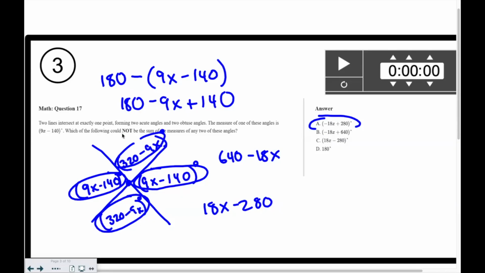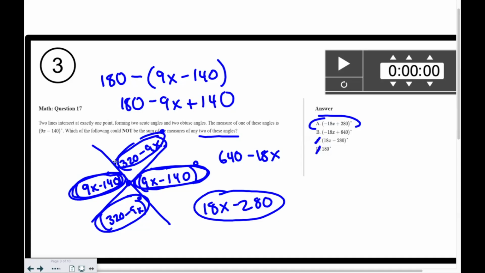Yeah, so it just says which could not be the sum of the measures of any two of these angles. So I just started adding them together. If you add the 9x minus 140 and the 9x minus 140, that gives you 18x minus 280. So since I got that as a sum, that's why I eliminated C. D is if you add the 9x minus 140 plus the 320 minus 9x, that'll give you 180.